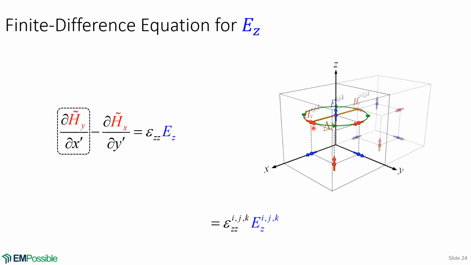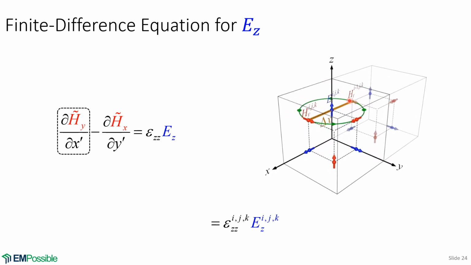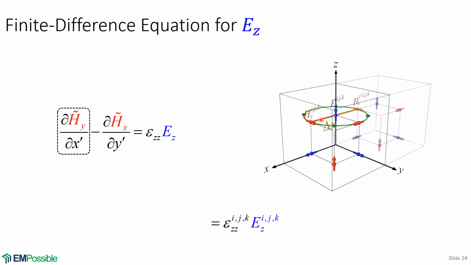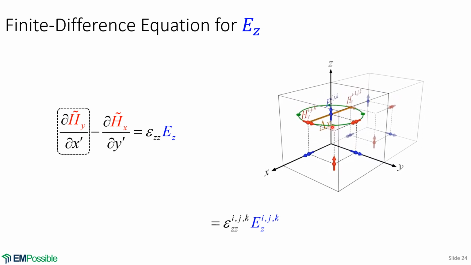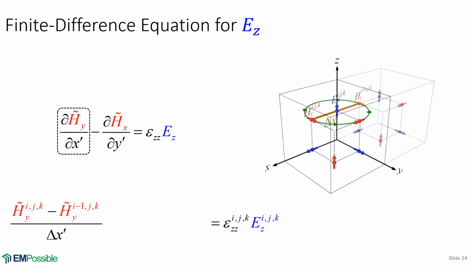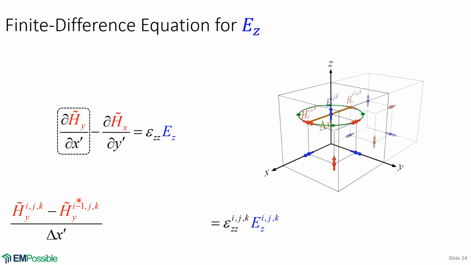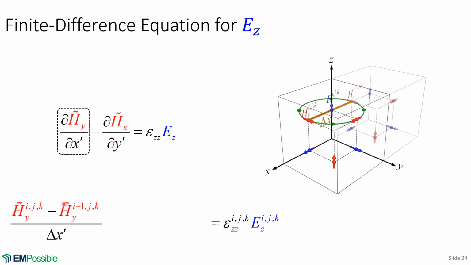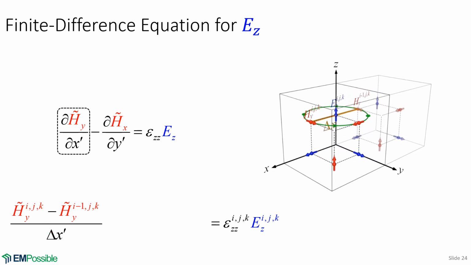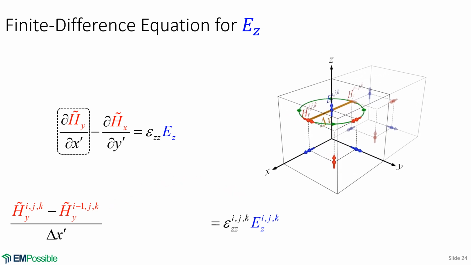So our finite difference would read Hy from the same cell minus Hy from the previous cell in the x direction divided by the spacing between those points, which is delta x. So here's our finite difference approximation. That's a central finite difference that exists at the same point as Ez.